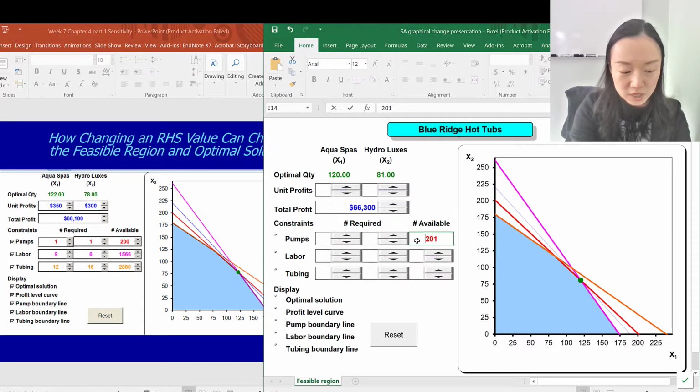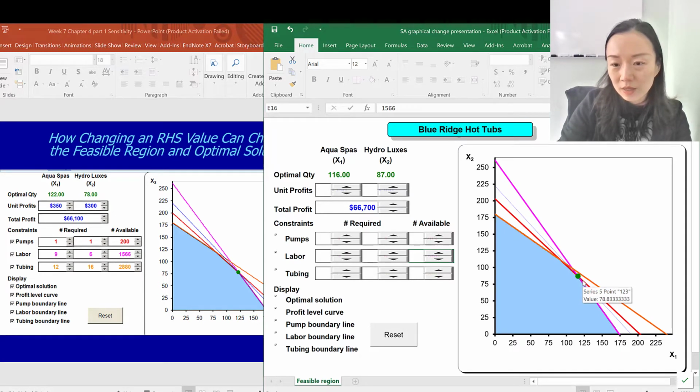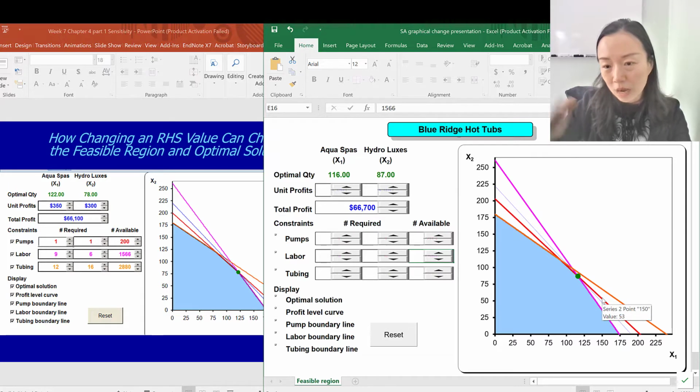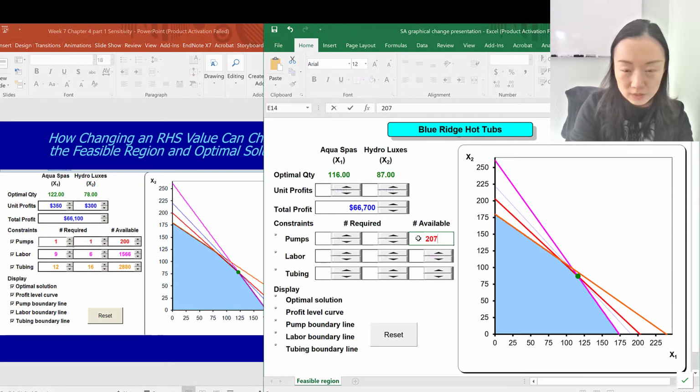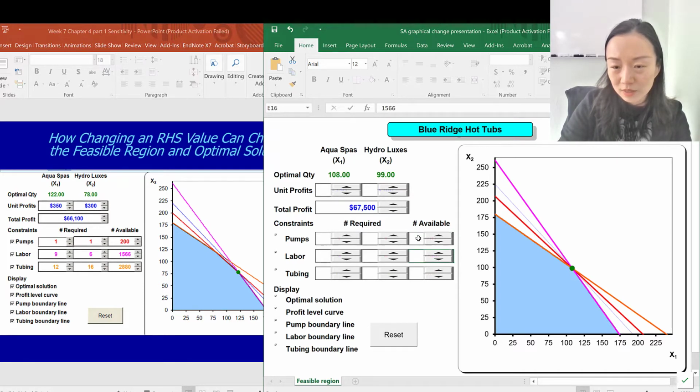And if you keep changing it, 202, then it went up a little bit. And then 202.3, what happens? You see this green line kept going up because this red line also is moving outward. Now if we change to 207, see what happens.